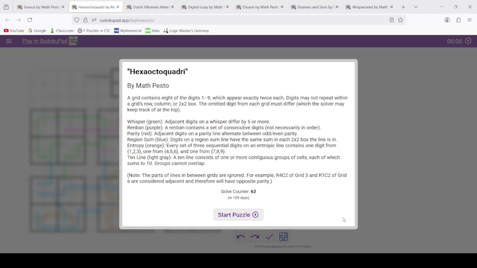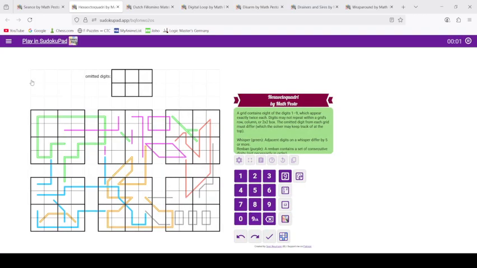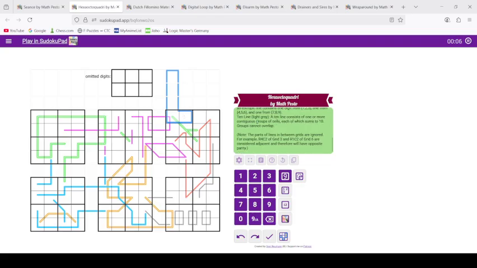For example, row 4, column 2 of grid 3, and row 1, column 2 of grid 6, are considered adjacent and therefore have opposite parity.